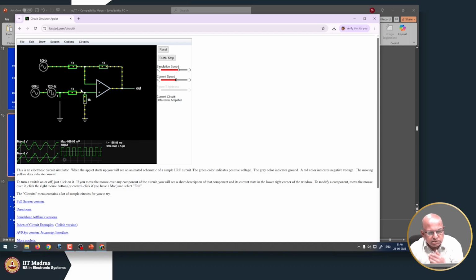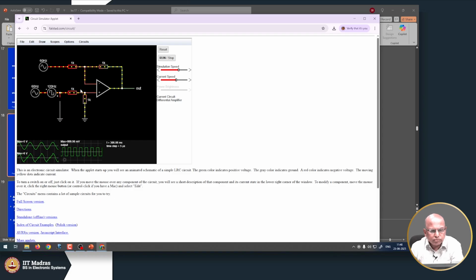And you can use this simulator to figure out how it sort of works, what will be the parameters that it will provide when let us say resistances change, when the op amp parameters change. So, we can use this Falstad simulator to understand things like that.